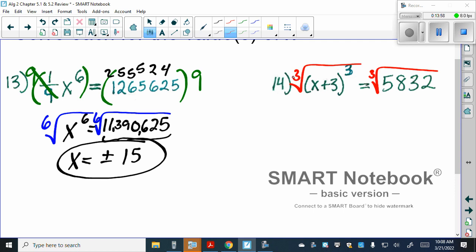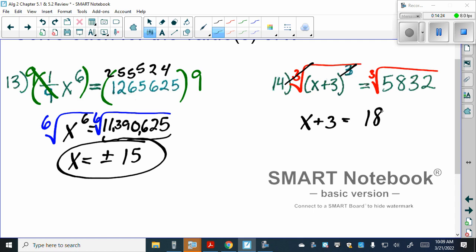Because the cubed root of x to the third, these simplify out. And now we just need to find the cubed root of 5,832, which is 18.